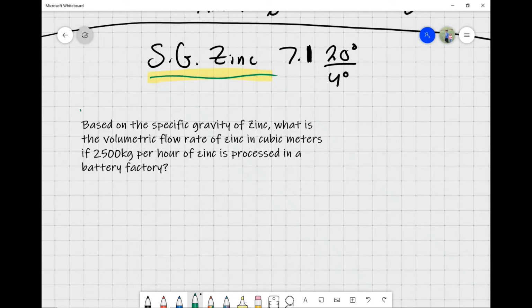We made up this little problem: what is the volumetric flow rate of zinc in cubic meters if 2,500 kilograms per hour of zinc is processed in a battery factory? Instead of using density, we're given the specific gravity of zinc, and the freedom that gives us is that it saves us from doing extra conversions.